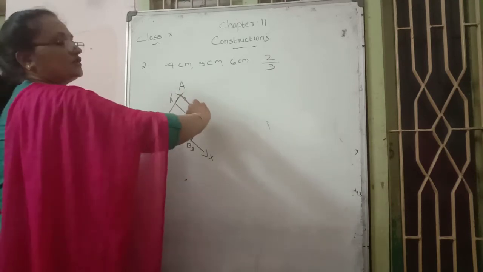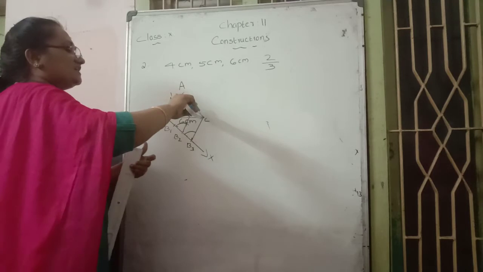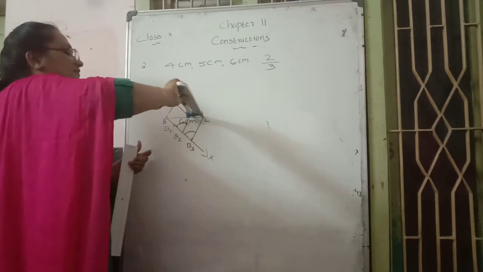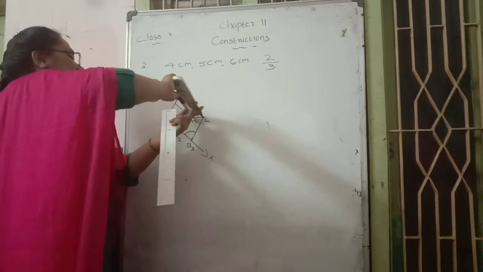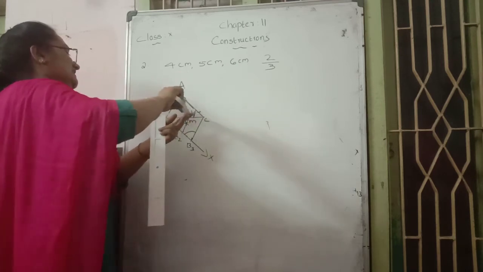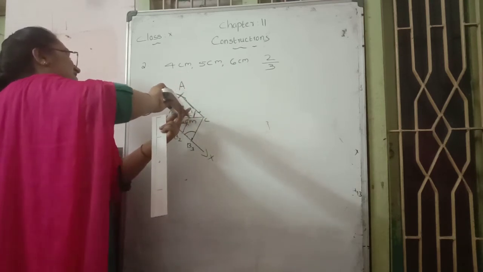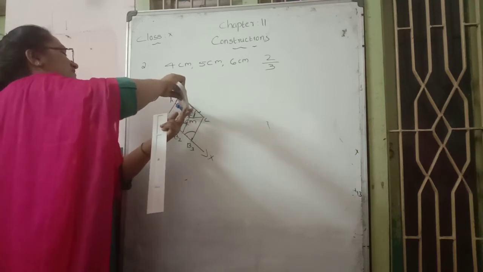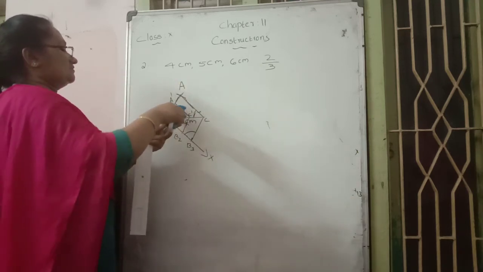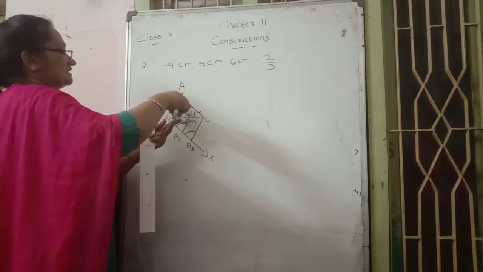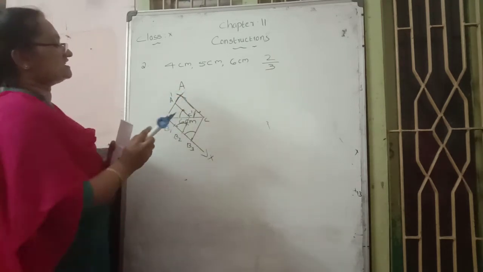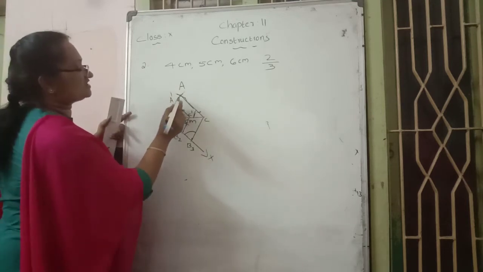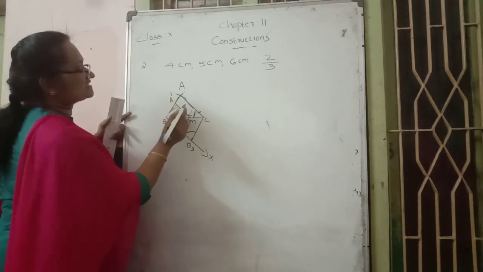Or directly you can draw with arc construction. C as center, draw an arc. Then with C dash as center, draw the same arc. Then through that point draw a second arc, then through that point join. So our similar triangle comes as A dash B C dash.